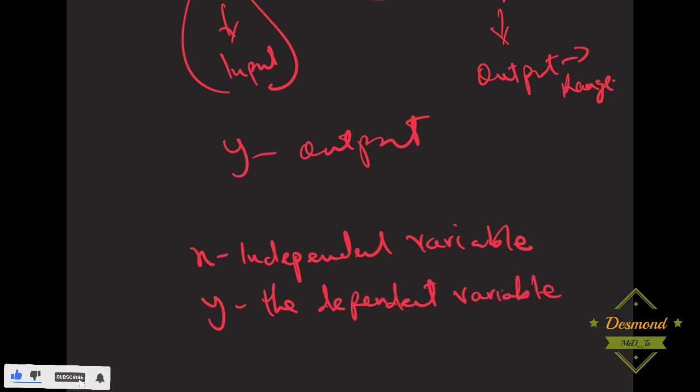Why do we refer to y as the dependent variable? This is because we know that y depends on x. That's why it is the dependent variable.